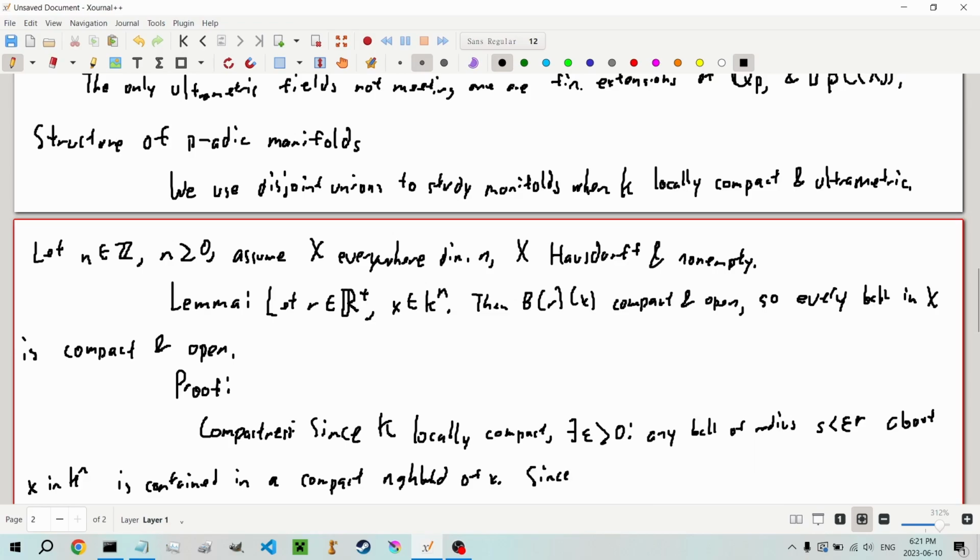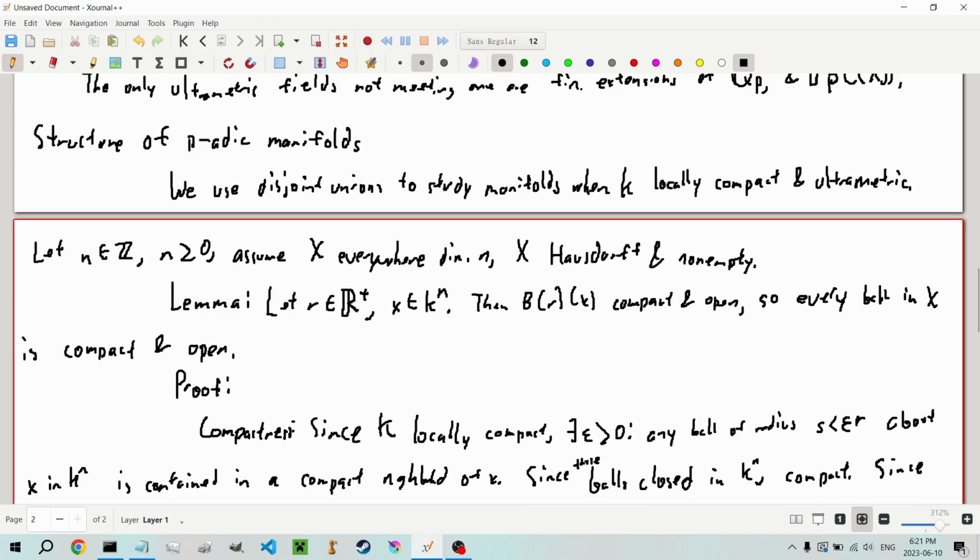Since these balls are closed in K to the n, they are compact.